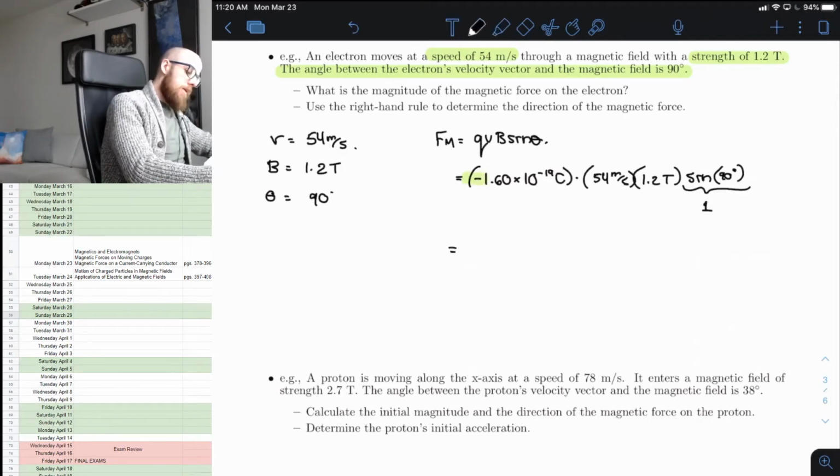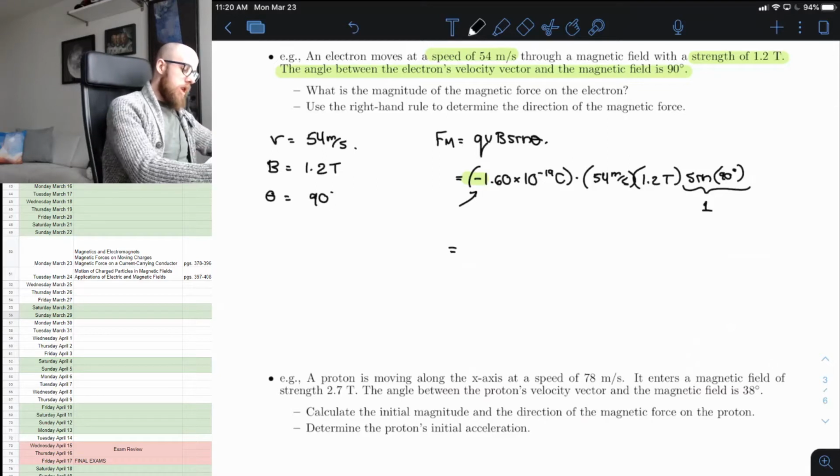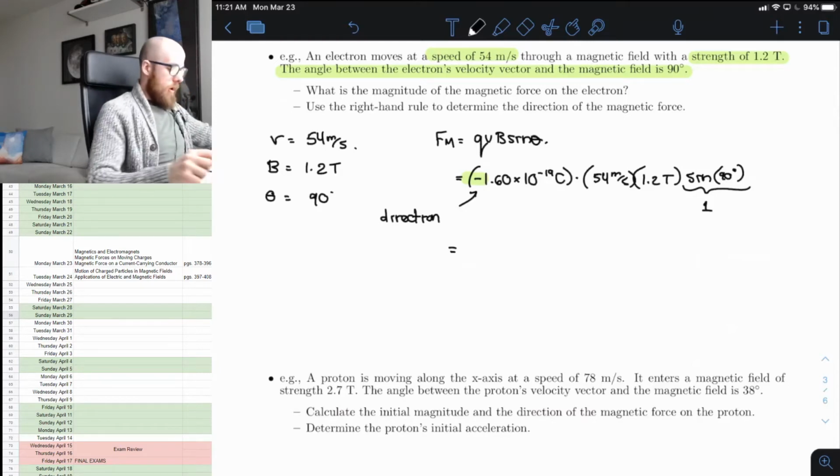When we're talking about force magnitude, we're not going to get a negative force. That negative is going to tell us something about the direction of the force, and we'll get to that in a second. I don't really have to focus too much on this negative sign. We'll get to that when we answer part B. Okay, I'm going to plug these in.